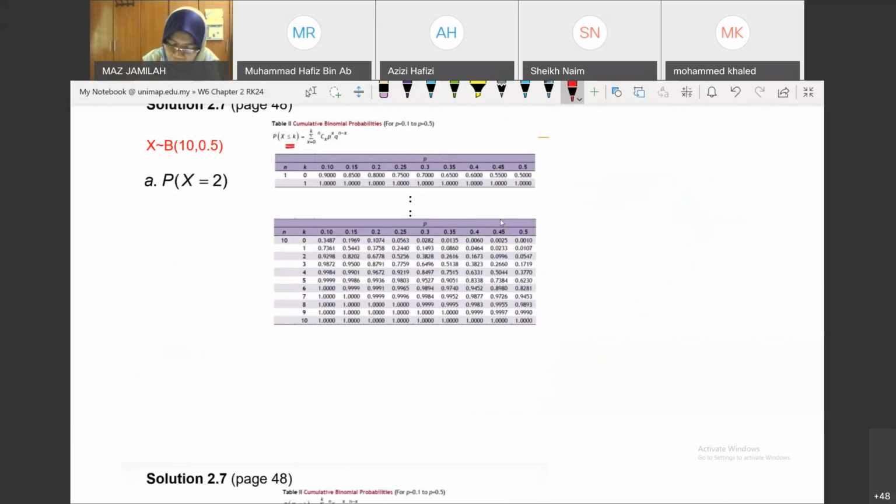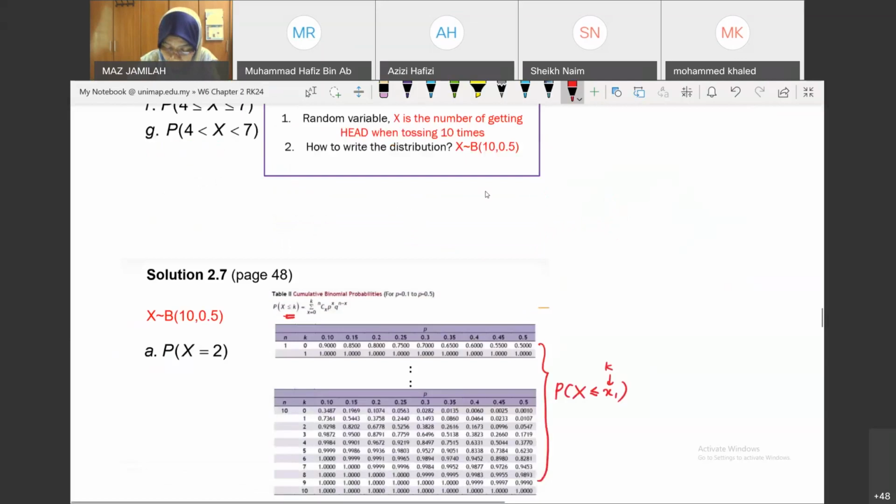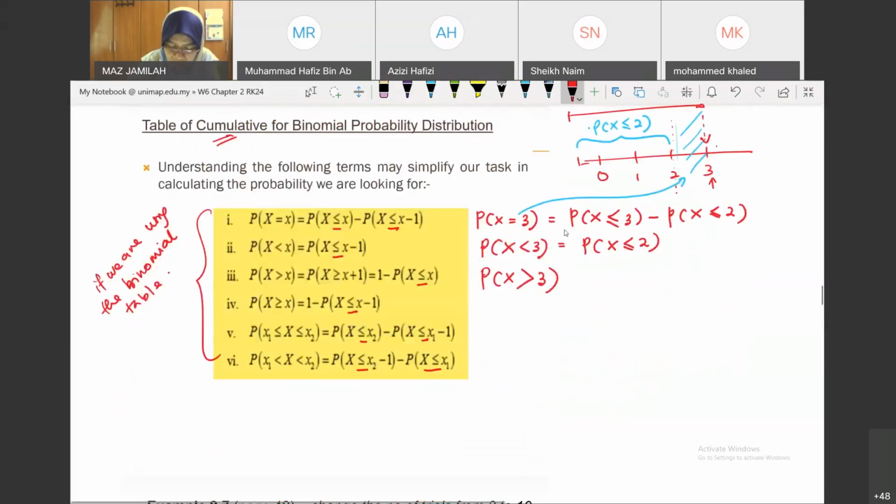All the values inside are P(x less than or equal to x_i), or whatever is used; in this case, we denote it as k. So in order for you to use the cumulative binomial table, we form all the terms in terms of less than or equal to, so that it will be easier for you to calculate the probability.